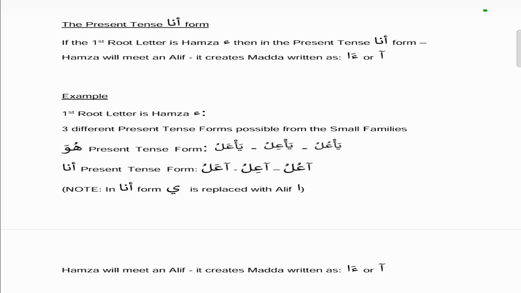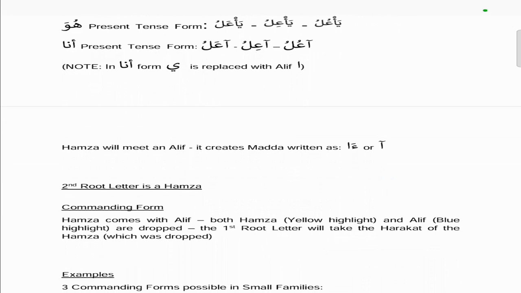And the same thing with ya'ilu. If you want the ana version, it becomes a'ilu, and because the alif joins with the hamza, it becomes ailu. And the same thing with the last form, ya'alu. If you go to the ana version, it becomes a'alu, and because the alif is combined with the hamza, it becomes aalu. So note, in the ana form, the ya is replaced with a hamza. So hamza will meet an alif, and it creates the madda.